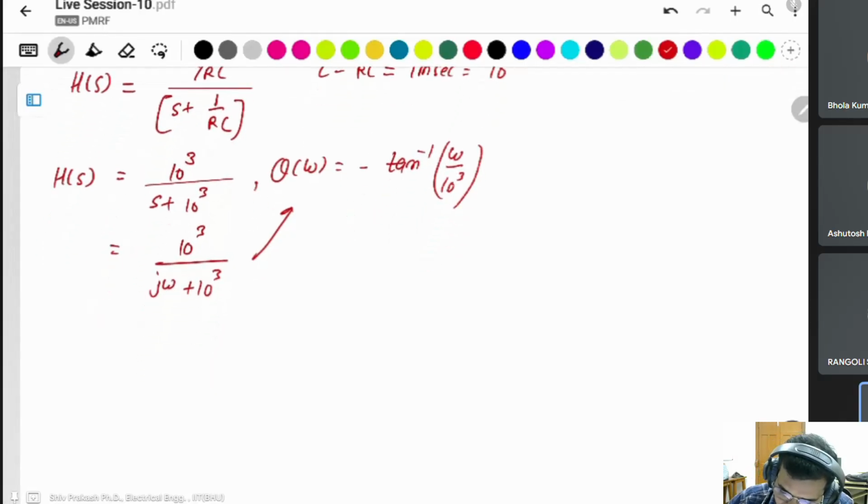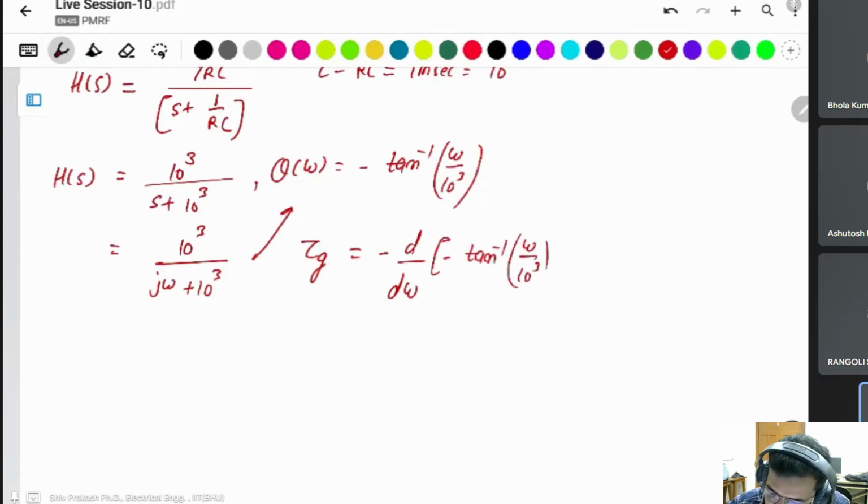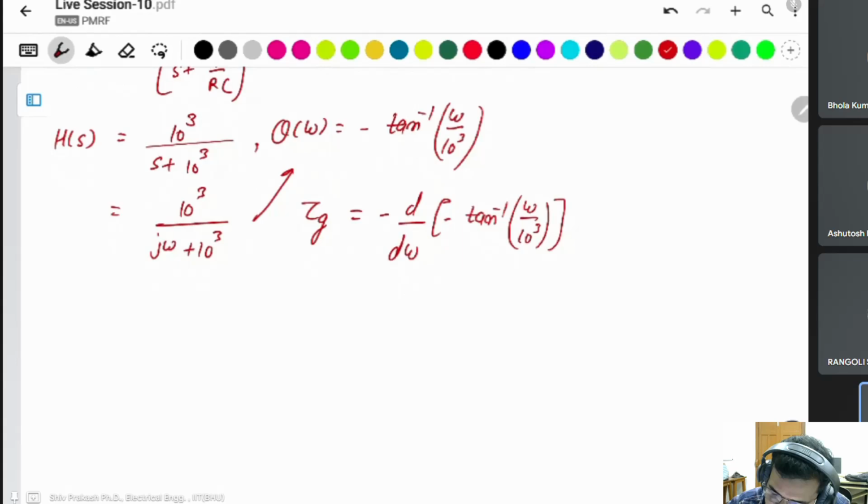Then what is the group delay? Tau g is the differentiation of the phase with respect to omega: minus of tan inverse of omega by 10^3. Minus minus will be positive.